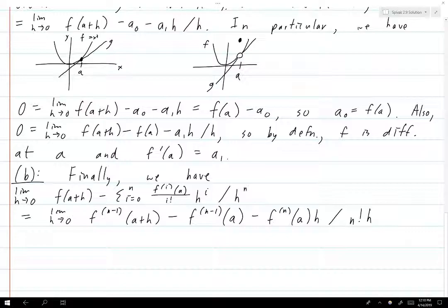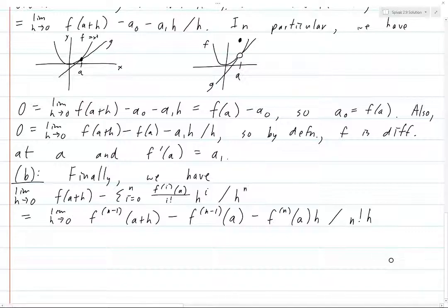And so this is equal to 1 over n factorial, which we can factor out because that's just a constant, times the limit as h goes to 0 of f^(n-1)(a+h) minus f^(n-1)(a) minus f^(n)(a) times h, all over h.